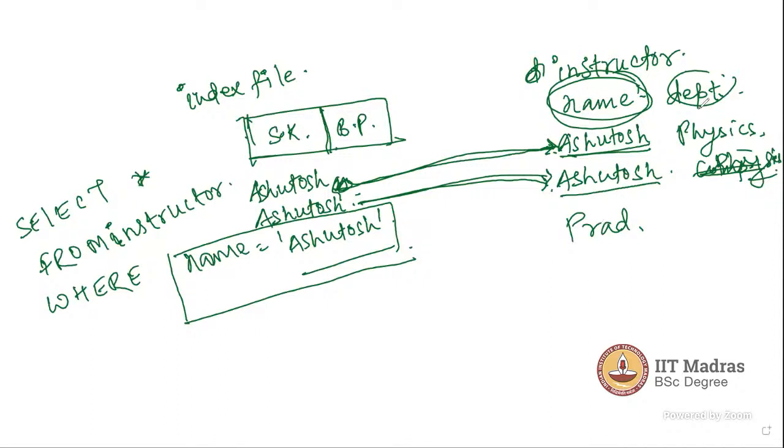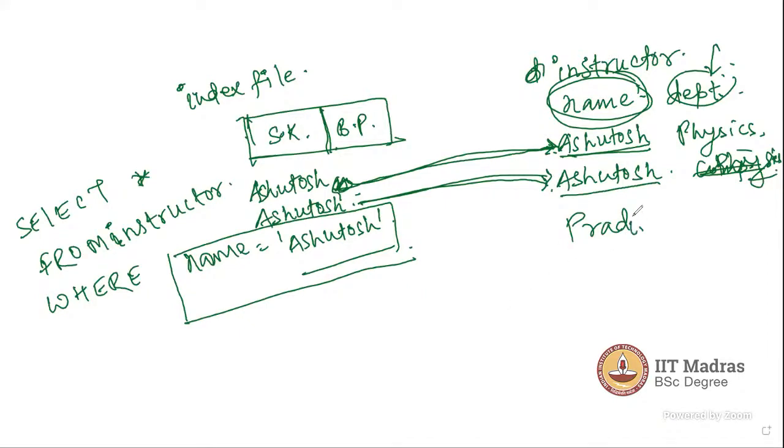Suppose you want to find the names of instructors from the physics department, and every time you apply the query again and again, for example for the music department.